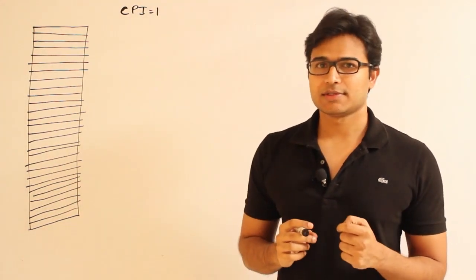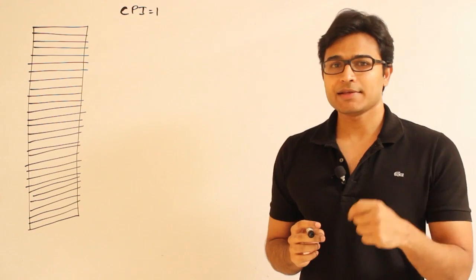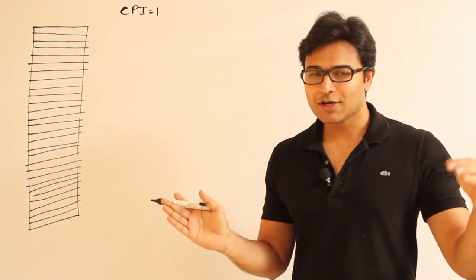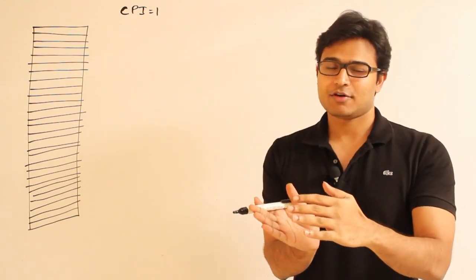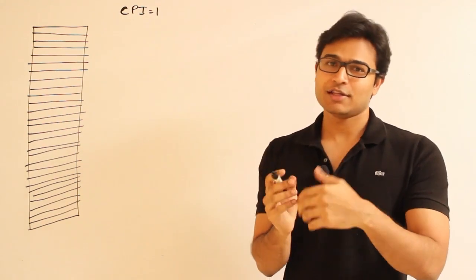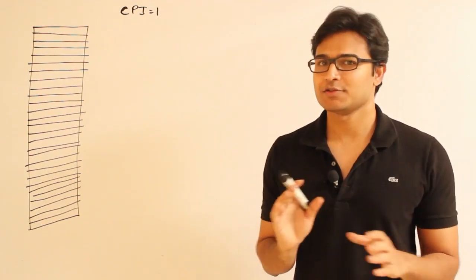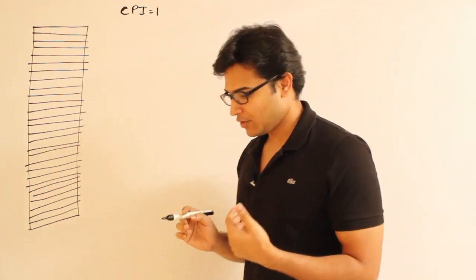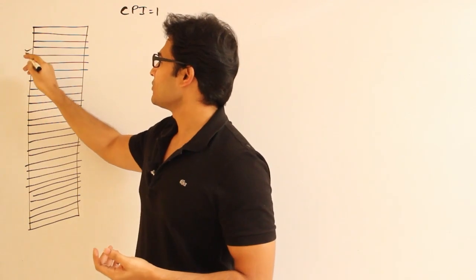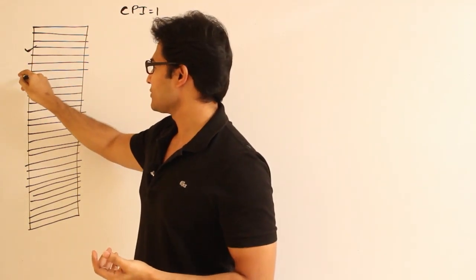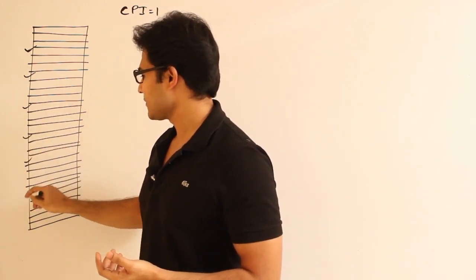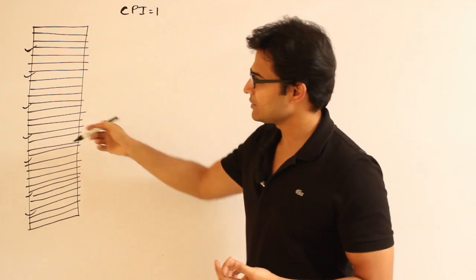But the branch instructions will be spread across the program. It is not like all the branch instructions will be at one place and all the non-branch instructions at another. Branch instructions are present here and there, one here, one here, one here, like that.